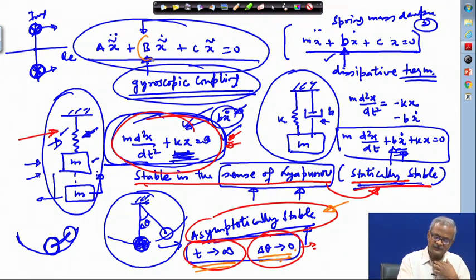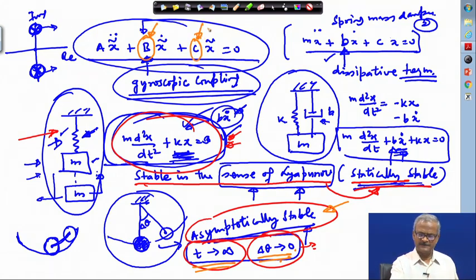Here B is not a dissipative term and C is a stiffness term, because it arises from the spring stiffness. In the same way, here we have written the stiffness term, while this is not a true damping term. It comes from gyroscopic coupling.